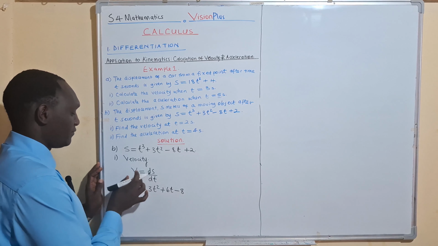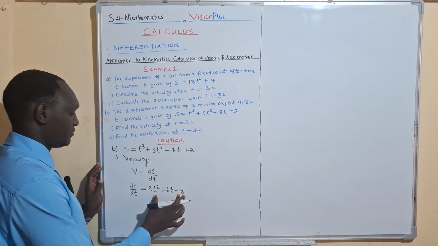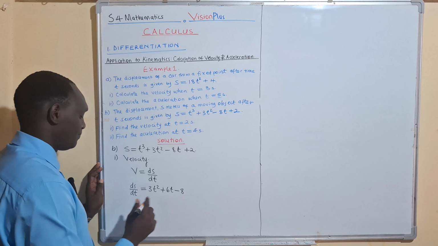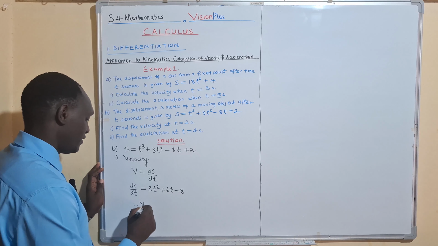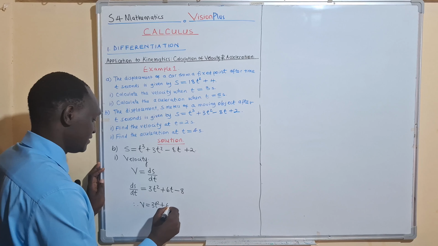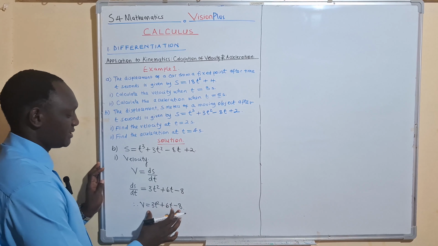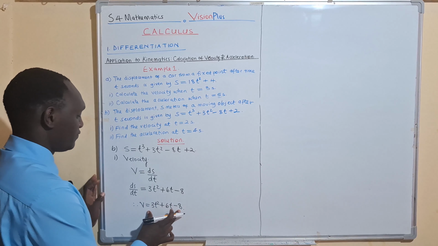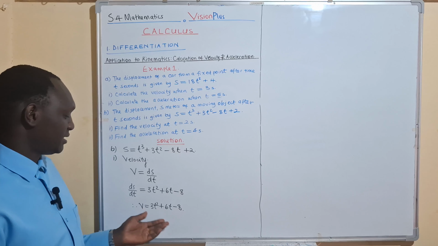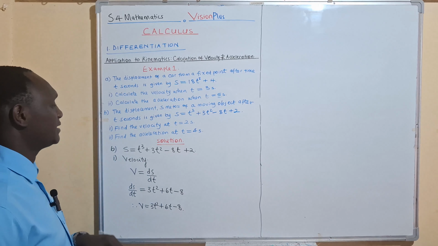Therefore, velocity at any time is the same as the rate of change of displacement at any time. So therefore, v equals 3t squared plus 6t minus 8. So this is the expression for velocity at any time t. This is the function that defines for us the velocity at any time t.